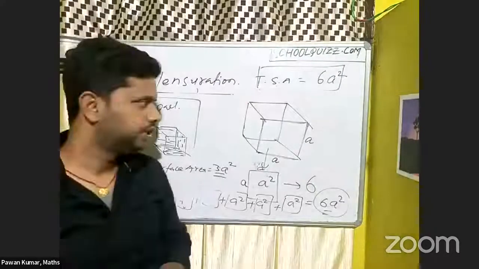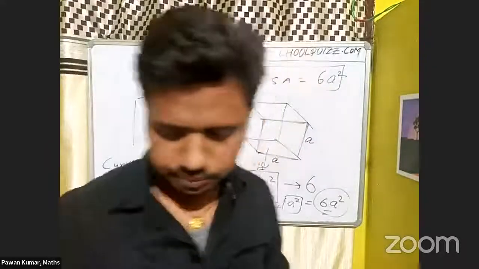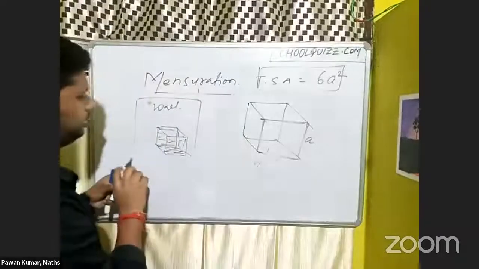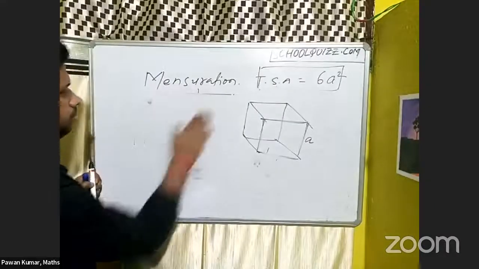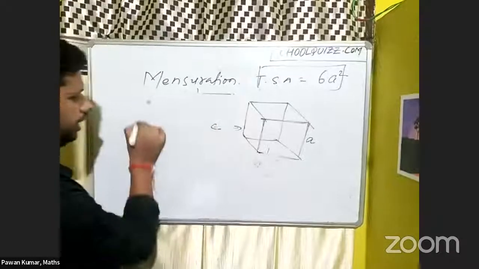So that depends on the requirement; the curved surface area will change. Understand how you get the total surface area of a cube? Correct? Yes, sir. So see, cube and cuboid are almost the same. Why the same?